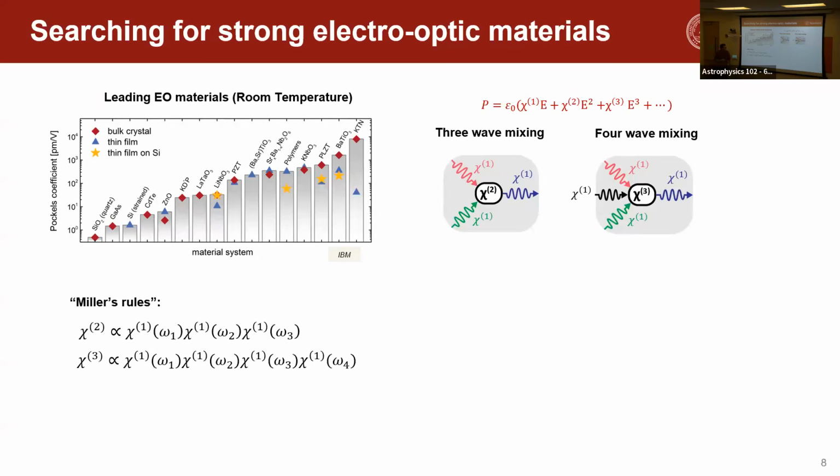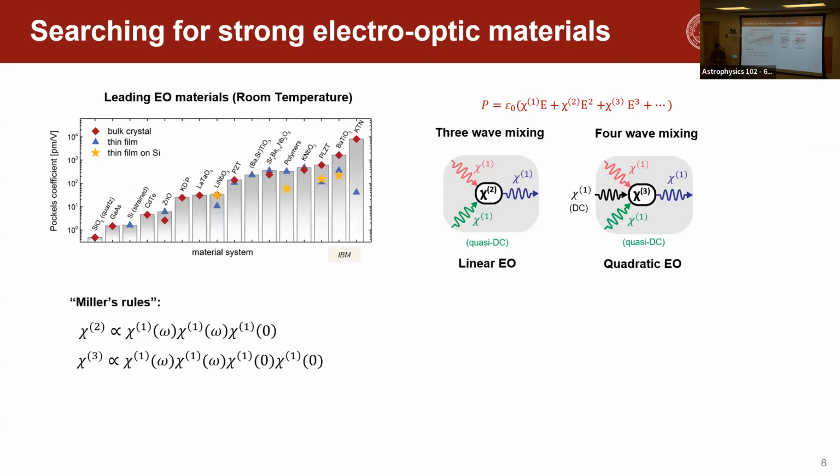And recalling that Miller's rules tell us that this Chi2 and Chi3 are proportional to the products of the linear susceptibilities at the relevant frequencies in these three and four-wave mixing cases, we can simplify this by understanding that in the linear and quadratic electro-optic effects, a single frequency or two of these frequencies are microwave or near DC, while the other two, of course, are in the optical domain.